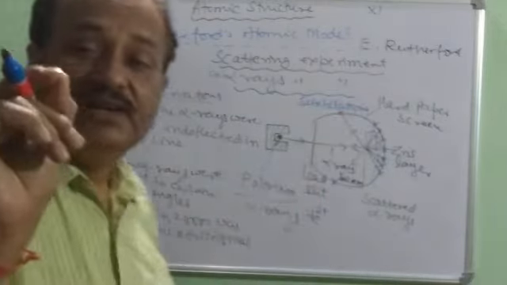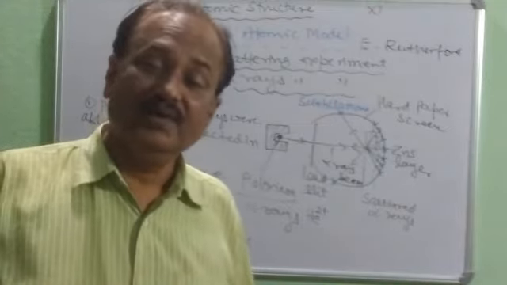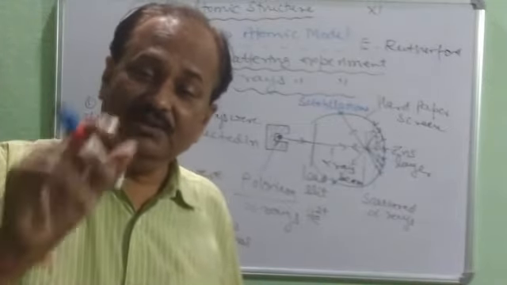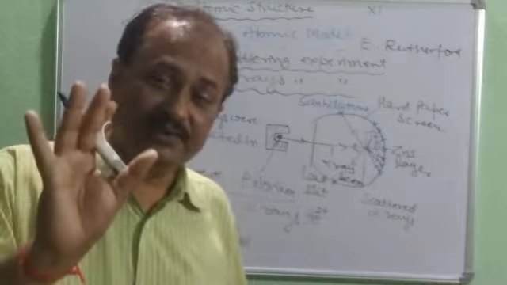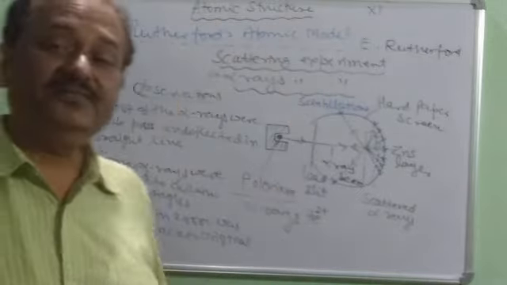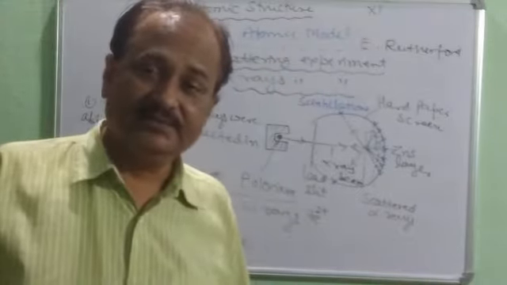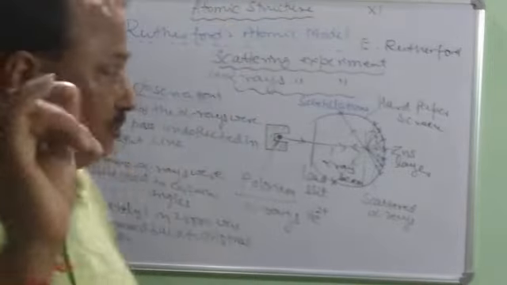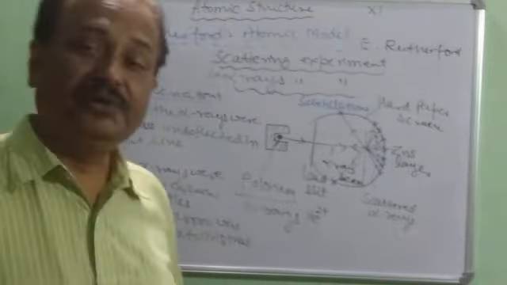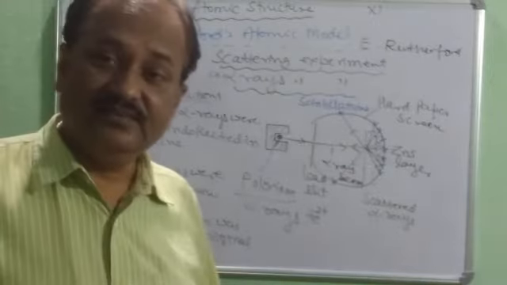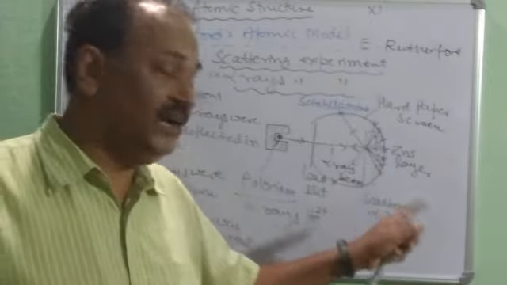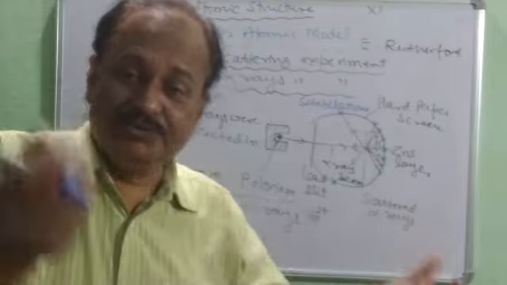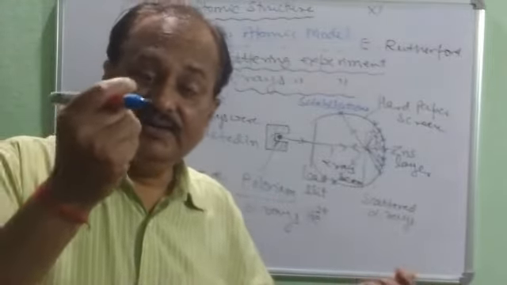Scintillations means twinkling, like stars, but twinkling of stars is for the stars only, while scintillations are for minute particles. Tiny light particles are produced, and these are called scintillations. Zinc sulfide glows for a very short time.